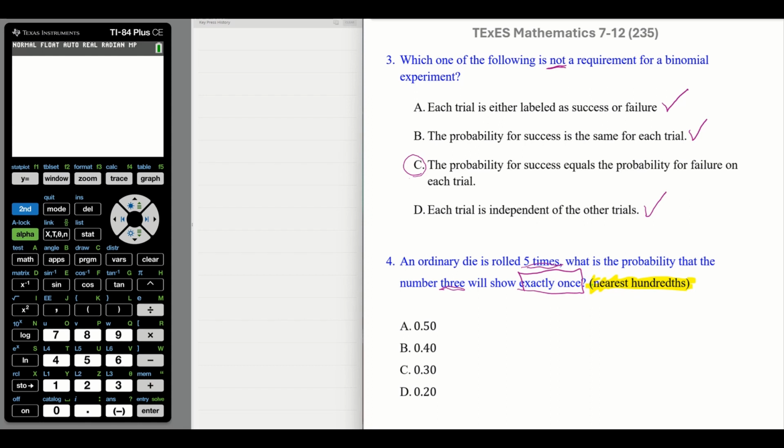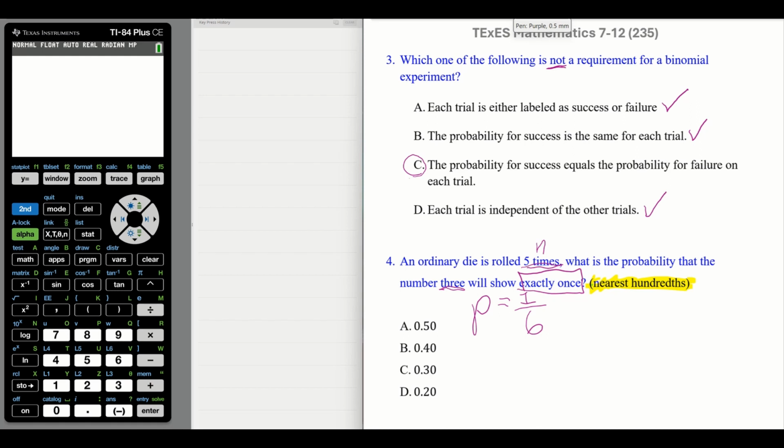Okay, and this screams, because it says exactly once, that's screaming out binomial PDF to me. So this is my n. Now, what's the probability? That's why it says number 3. We were just talking about rolling a 6. That's the same probability of 1 out of 6. And that's my binomial.